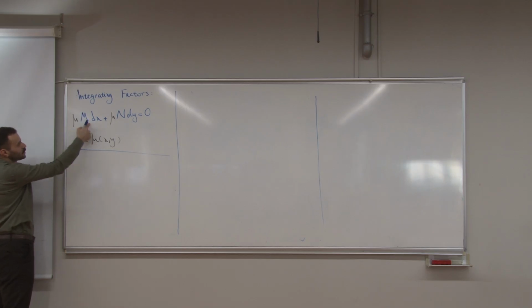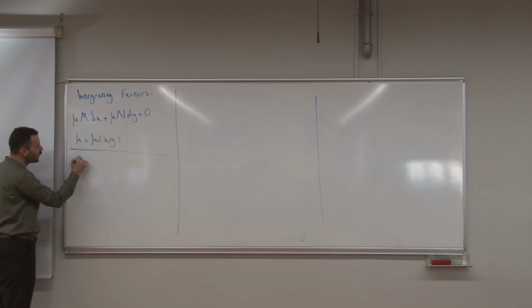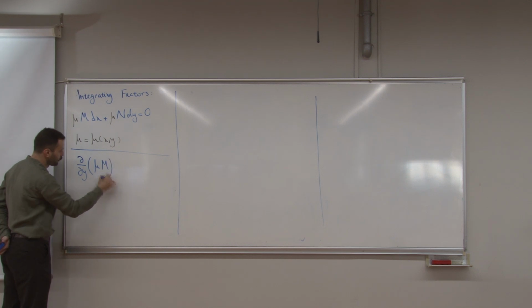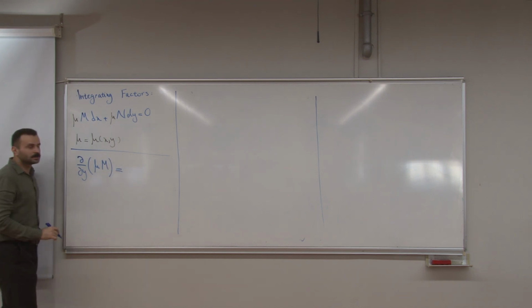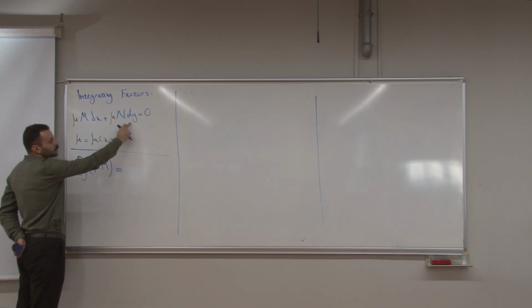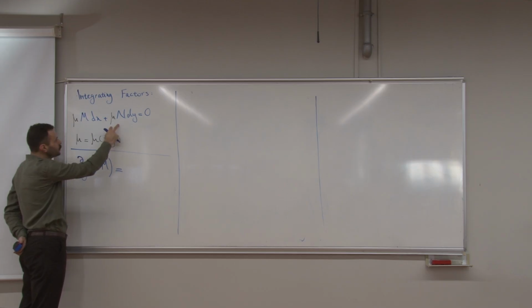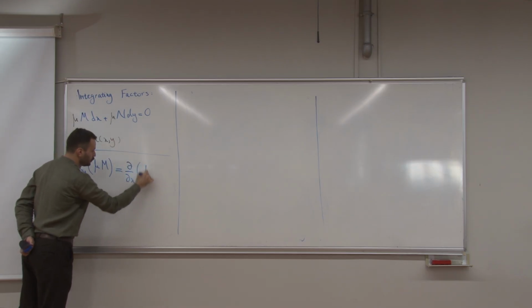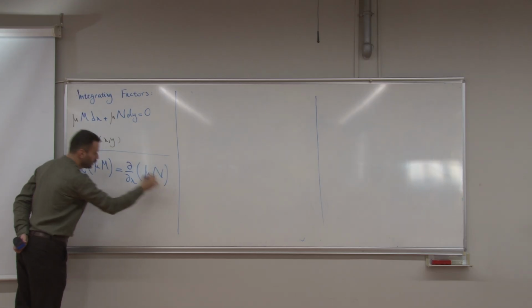That the derivative of the coefficient of dx with respect to y, mu M, this must be equal to what? The derivative of the coefficient of dy with respect to x, mu N. Okay?